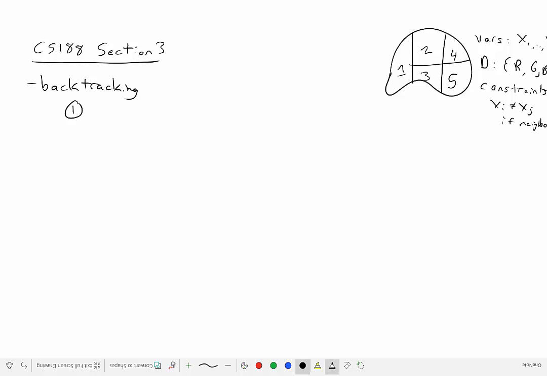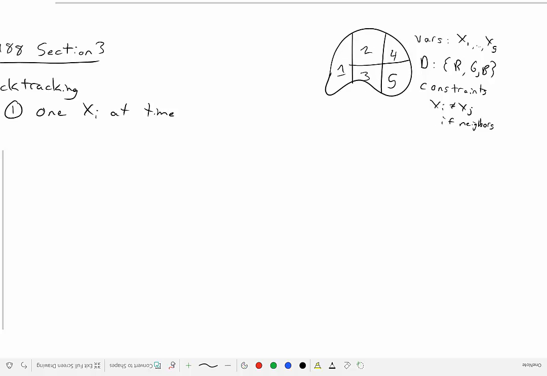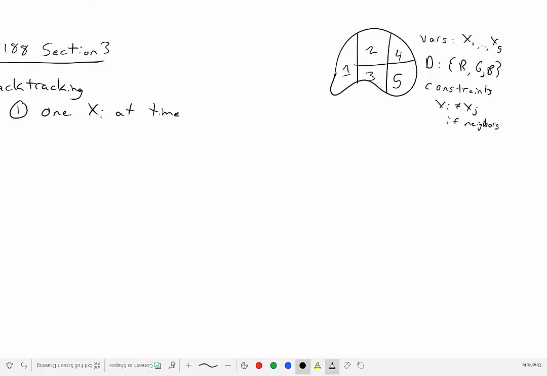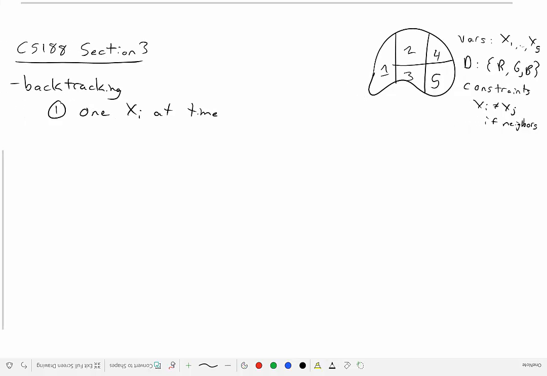The first one is we consider one variable at a time, so one xi at a time. We can choose this ordering however we want. We can do x1, then x2, then x3, or x5, then x4, then x3. So we have the freedom to choose the ordering. We'll talk later about smart ways to choose the ordering that help get the solution faster. But in general, you can choose any order.